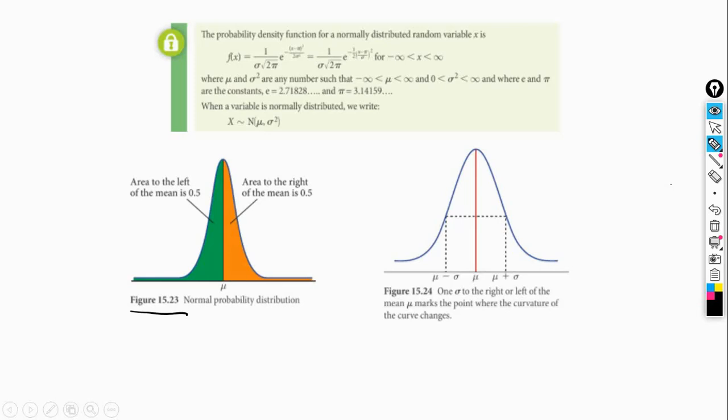Another interesting thing to notice, in figure 15.24, is that one standard deviation to the right or to the left of the mean will mark the point where the curve has an inflection. In other words, where the curvature changes.